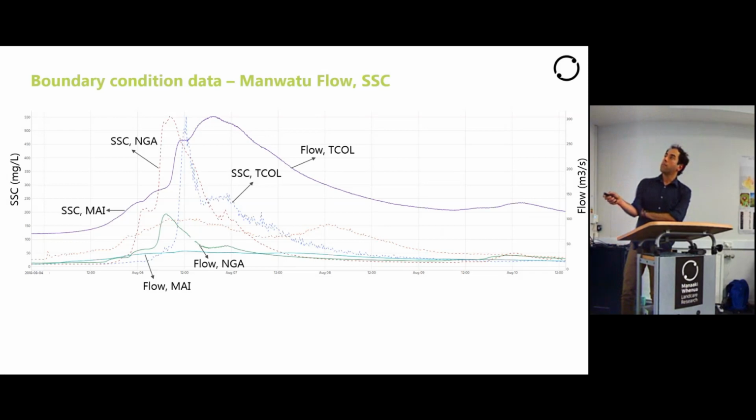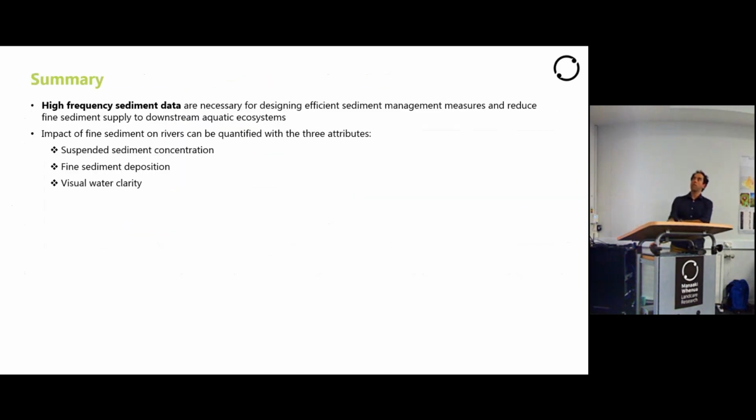You have the 2 upstream sites that make the flow data and sediment concentration. Sediment concentration is the dashed lines, and the downstream site is the Teachers College site, where we want to see if the model comes to some extent of agreement with the load calculation of the Teachers College flow data.